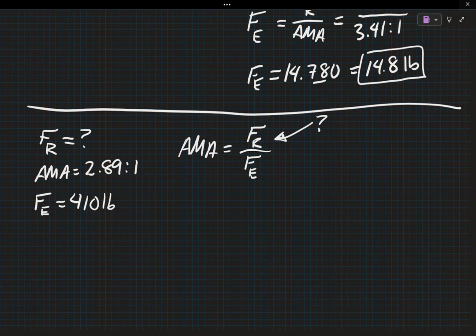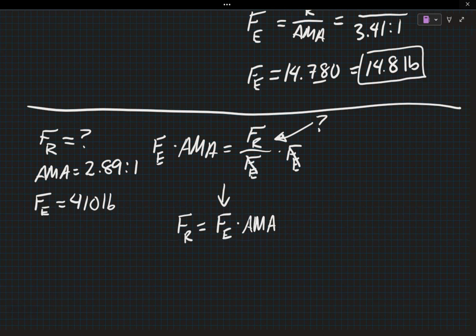FE is being divided, so we multiply. So FE times AMA over here, the FE's over here are going to go away. If we rewrite our equation, we get FR equals FE times AMA. We know both of those things, so we can just plug straight in.